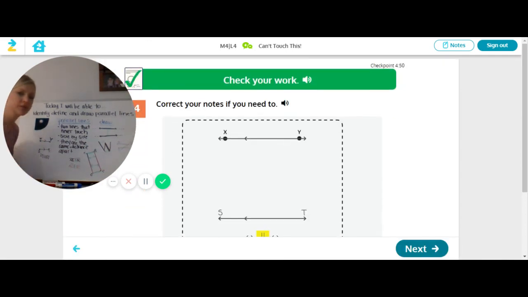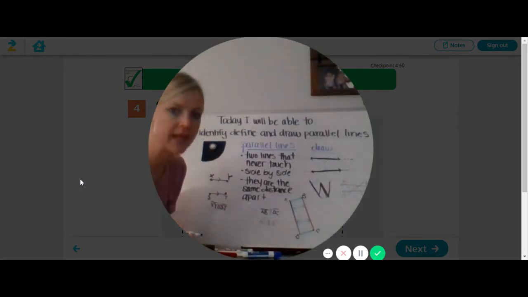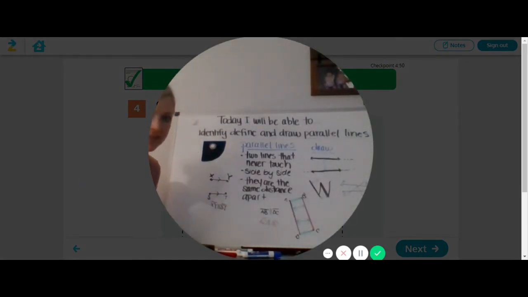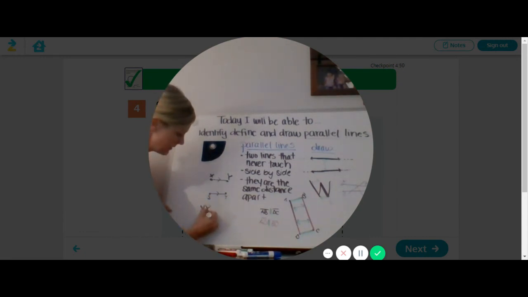Great. So scholars, as our Zearn teacher just taught us, to show that two lines are parallel, we have two ways to write this. We can say line XY is parallel to line ST. And the symbol in the middle, looking like a set of roads or train tracks, is our parallel symbol.